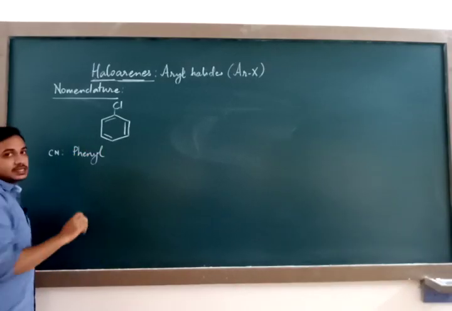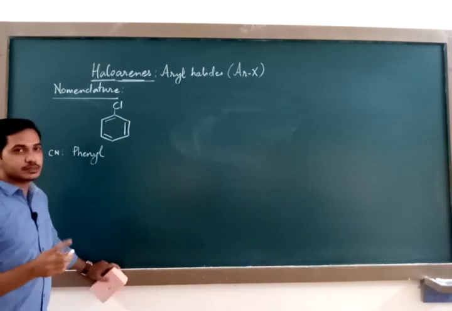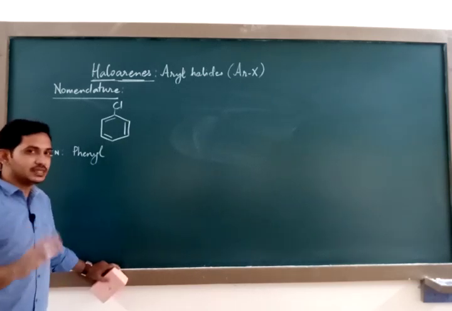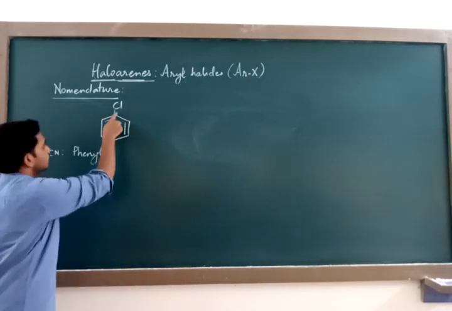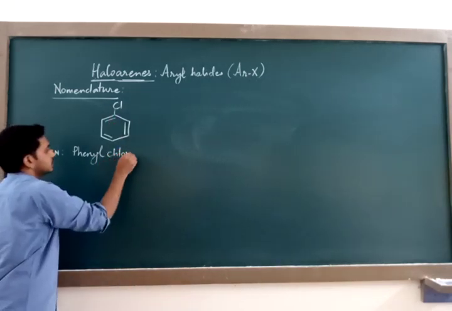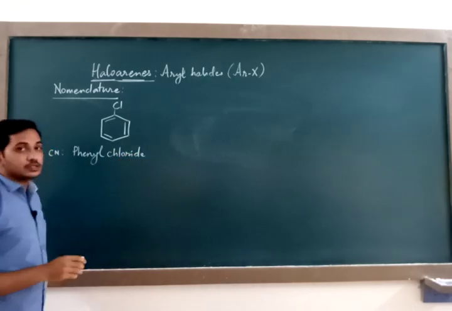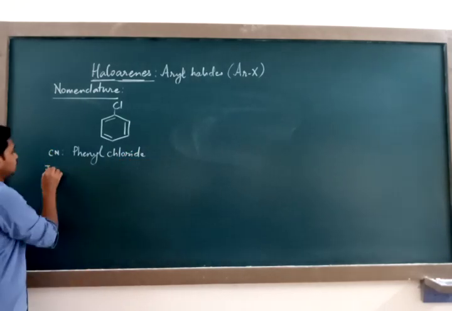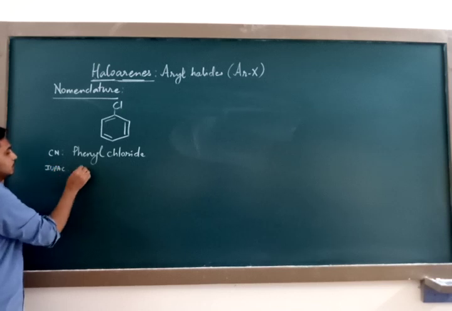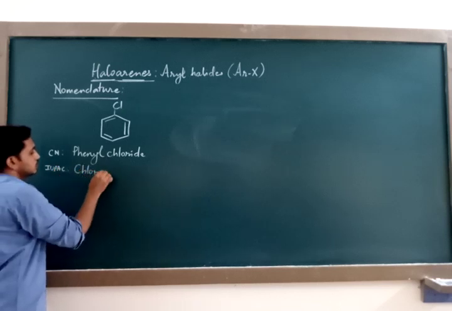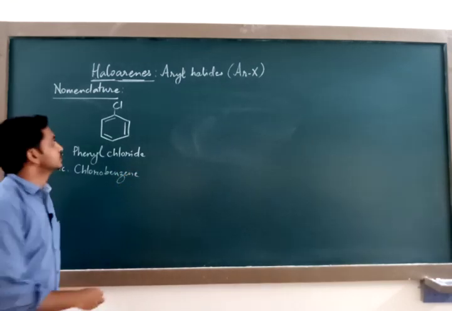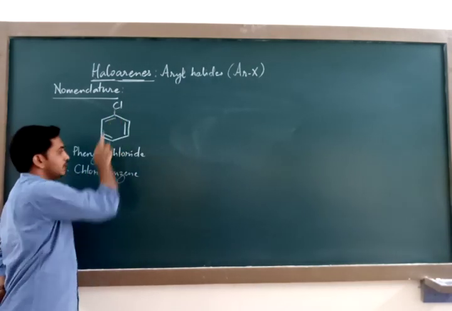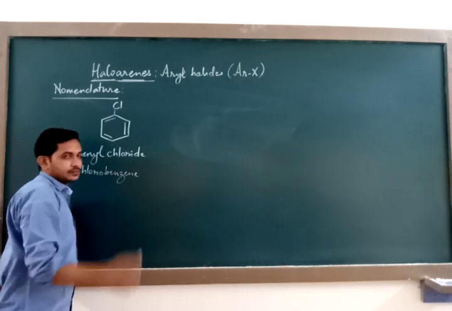Benzene does not become benzyl. Just as methane becomes methyl, ethane becomes ethyl, benzene does not become benzyl, it becomes phenyl. So phenyl chloride is the common name, whereas its IUPAC name is chlorobenzene. If I have Br here, then it becomes phenyl bromide and bromobenzene.